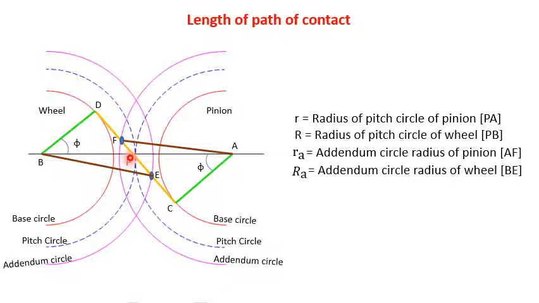Okay, then RA is nothing but this length AF. RA is nothing but the addendum circle radius of the pinion. So this length AF is the addendum circle radius of the pinion. Similarly, this length BE represents the addendum circle radius of the wheel and it is represented by capital RA. For the pinion we use small letters, for the wheel we use capital letters.